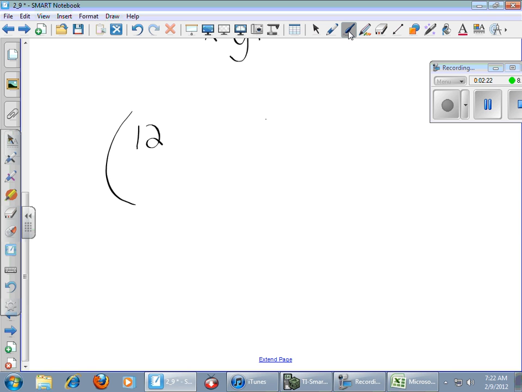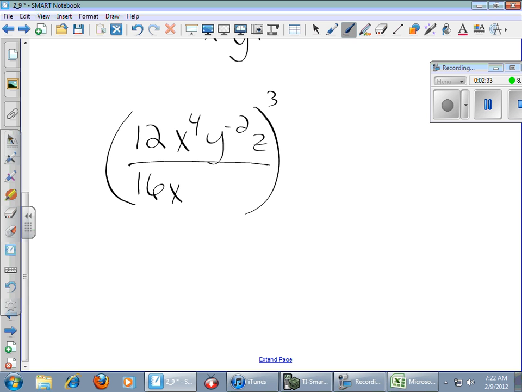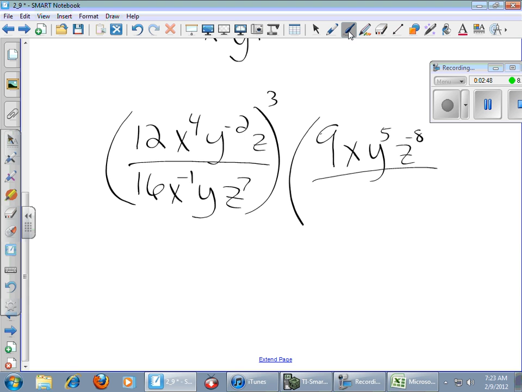Let's say we have 12x to the 4th, y to the negative 2nd, z, we'll raise that to the 3rd power, and we're going to put that over 16, x to the negative 1st, y, z to the 7th, and then we're going to multiply it by 9, x, y to the 5th, z to the negative 8th, over 3x, y, z to the negative 6th. And we will square that answer.